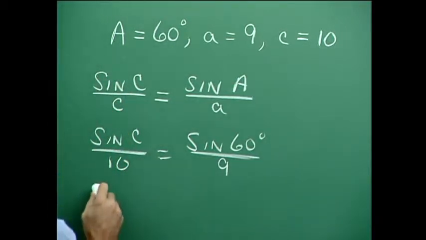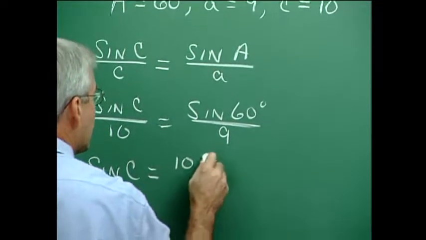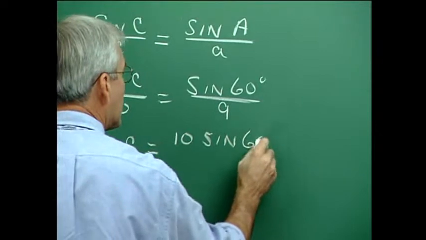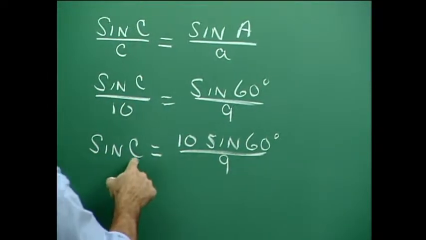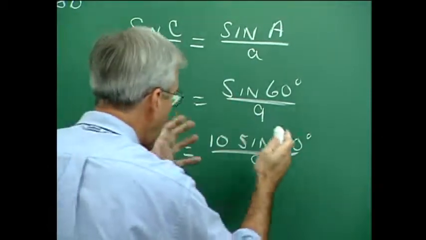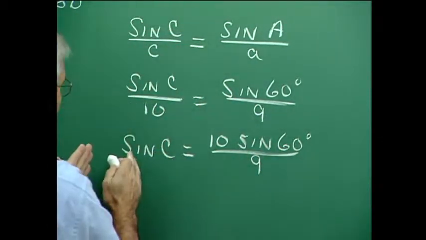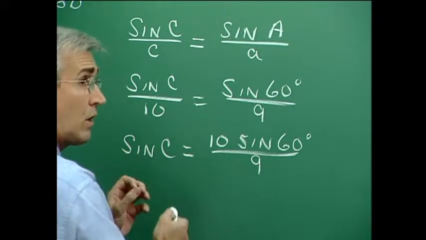Okay, so we have then that sine C is equal to 10 sine 60 degrees over 9. And we have the sine of some angle is equal to this fraction. Now we can approximate that value, but then what is C? We don't want to know what sine C is, we want to know what C is.